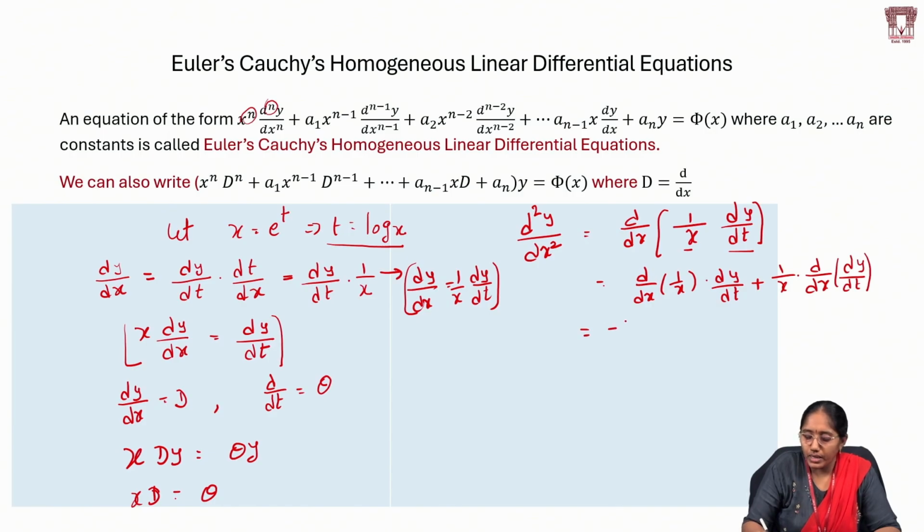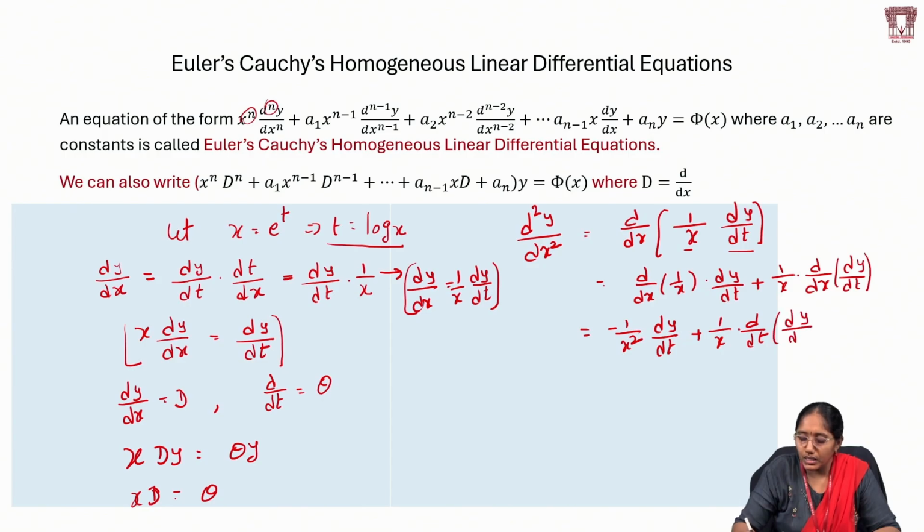The derivative of 1 by x is minus 1 by x square, here dy by dt, plus 1 by x into derivative of dy by dt with respect to t first, because we are applying the total derivative concept: dy by dt into dt by dx. This is the total derivative concept.